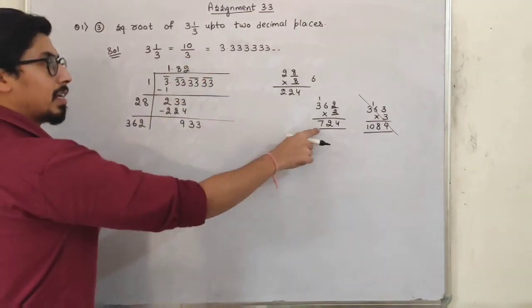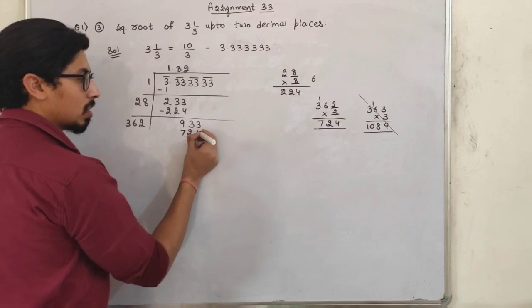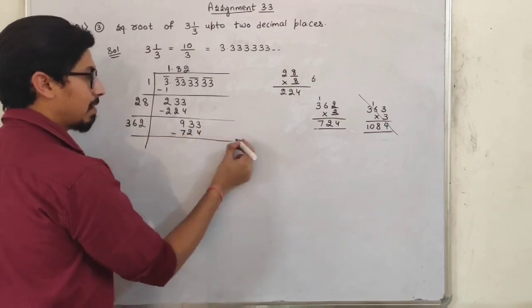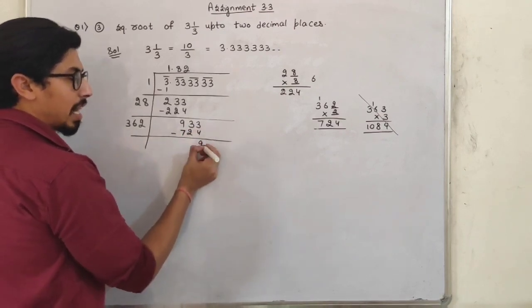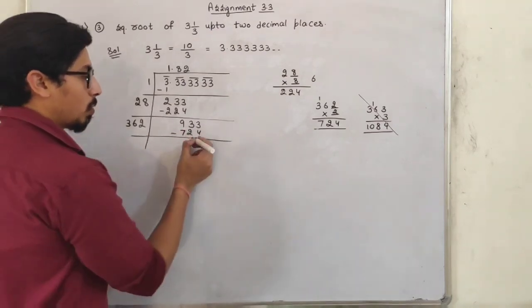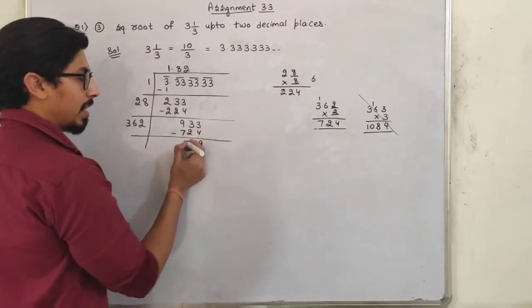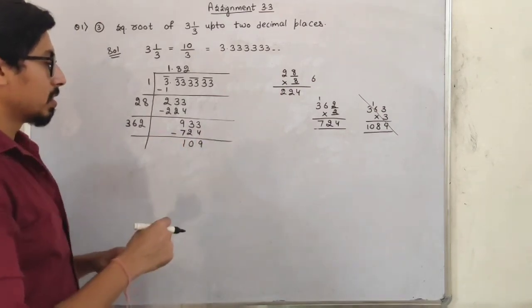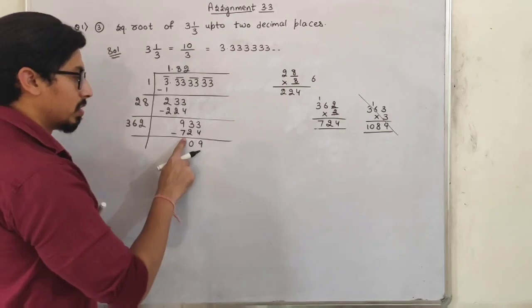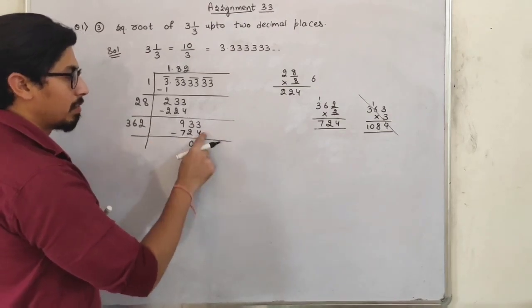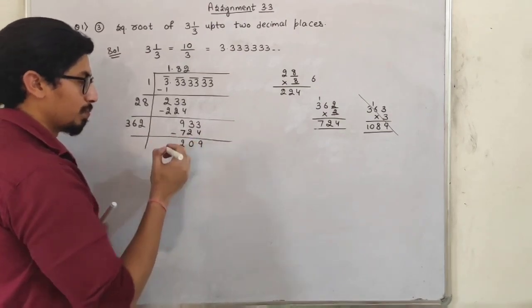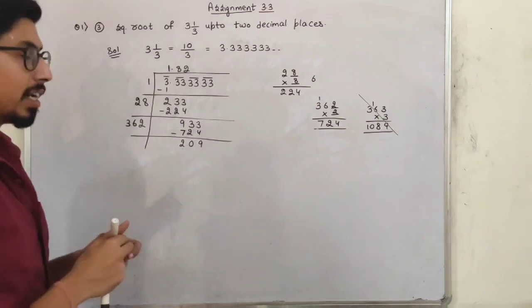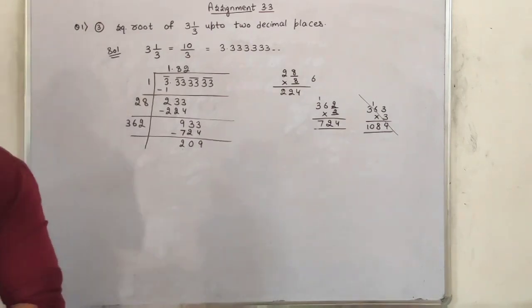So it is 724. So just subtract them and it will be 9 from 13 is, sorry students, it will be 9 from 13, 2. Yes, it is 209.